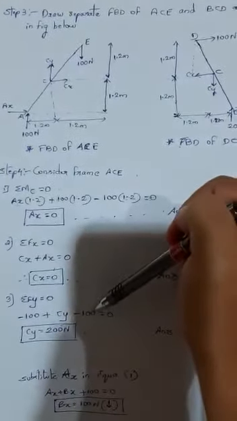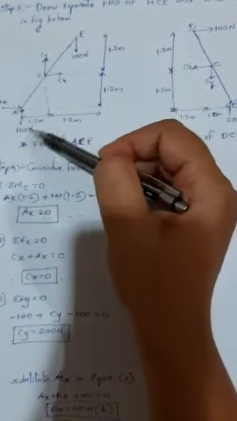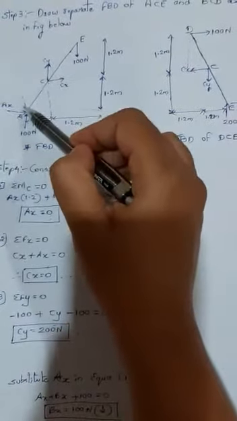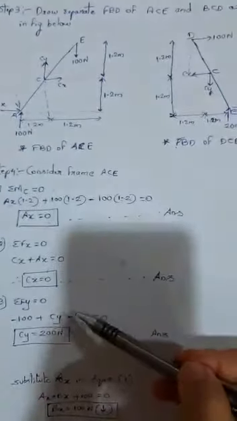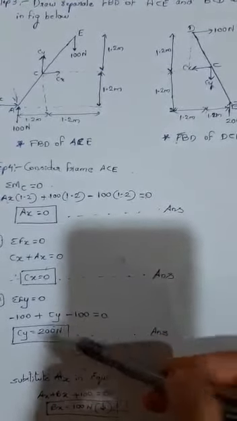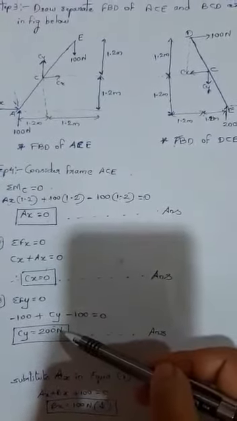So I have considered here minus 100. If you have got in the previous step that this is acting downwards, minus, in the free body diagram you can show as it is that it is acting downwards only. So according to that you will consider the signs here. So equate it to 0. So from this Cy is equal to 200 Newton.